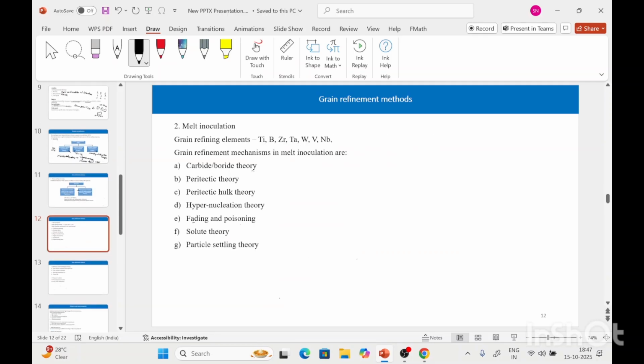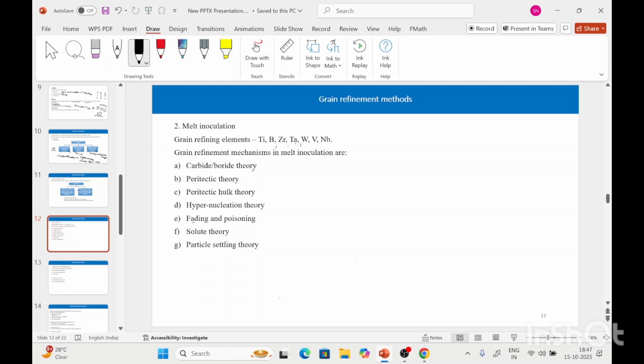The next method is melt inoculation. It means that during liquid aluminum solidification, some grain refining elements are added into the liquid aluminum. The major grain refinement elements are titanium, boron, zirconium, tantalum, tungsten, vanadium, and niobium.